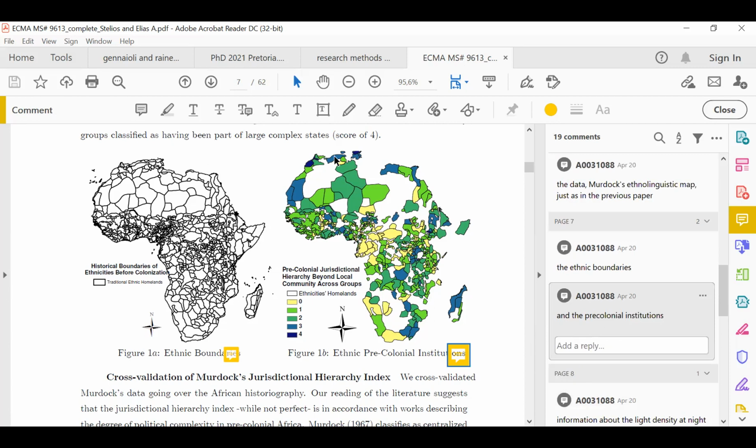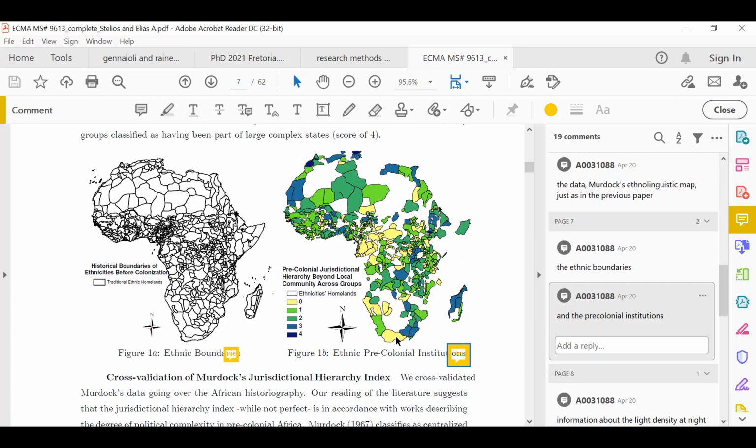And then the number 3, which is a sort of light blue, we can see there in what we now call KwaZulu-Natal in South Africa. And then you can see here the Kuba Kingdom. There is a paper about the Kuba Kingdom that we are going to see later on in the course when we talk about culture. We can see also that there were pre-colonial institutions in Madagascar. The whites are essentially no data, ethnicities, homelands.